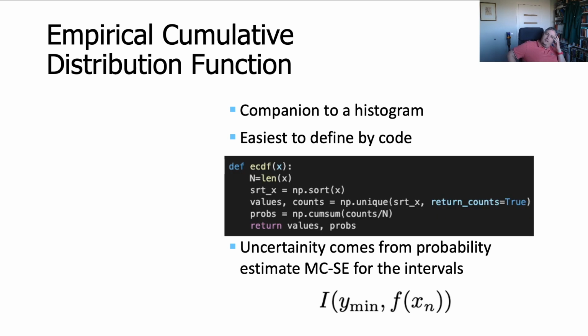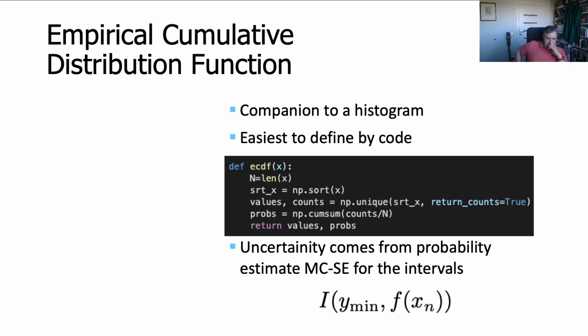Finally, the companion to a histogram is the empirical cumulative distribution function, which is in a way an estimator of the cumulative distribution function.